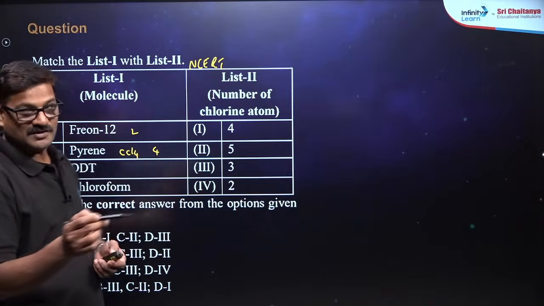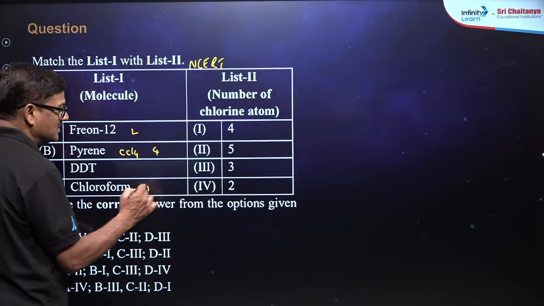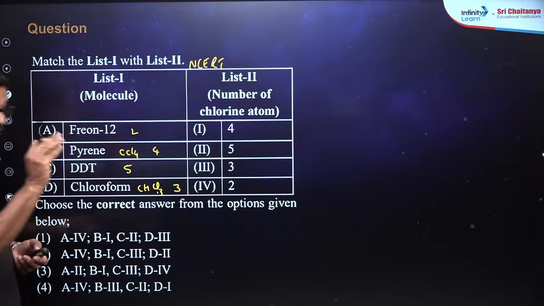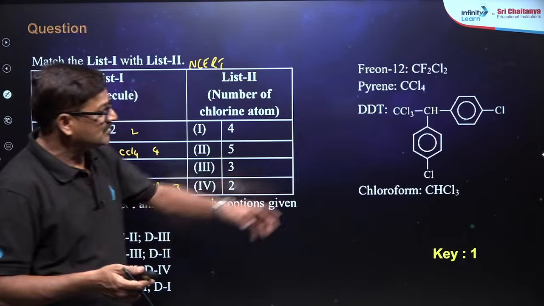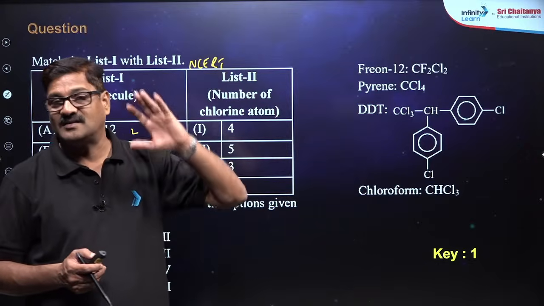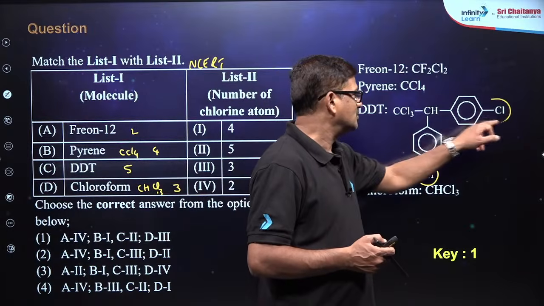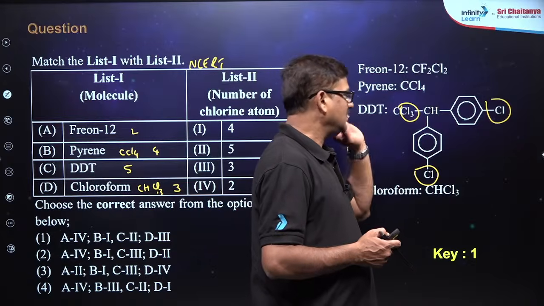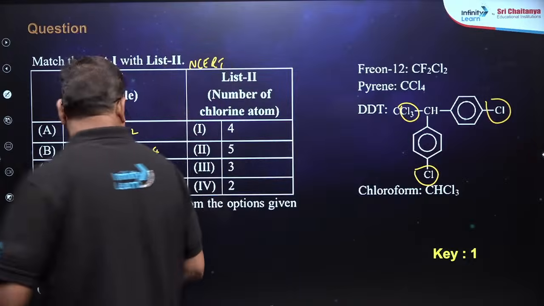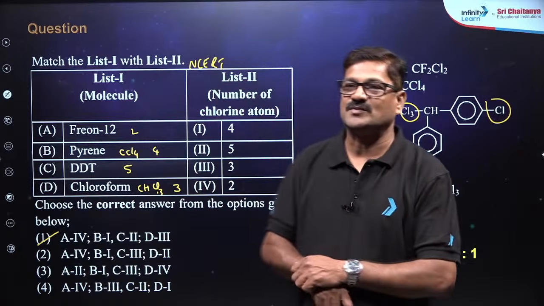DDT, I am going to show you the structure. Dichloro diphenyl trichloroethane, and the chloroform CHCl3. You can see the structure of DDT, dichloro diphenyl trichloroethane. You have 1, 2, and 3 here. So total 5 are there. You understand? Clear? So the answer for this question is going to be 1.